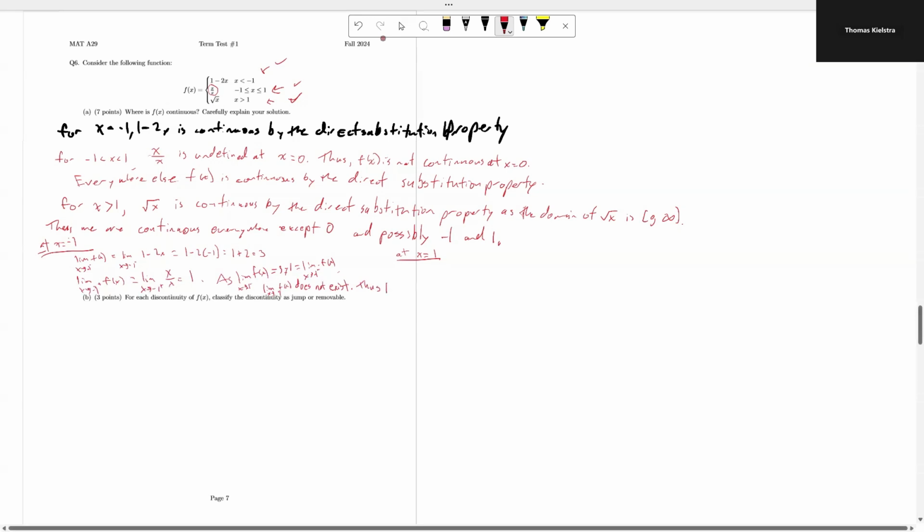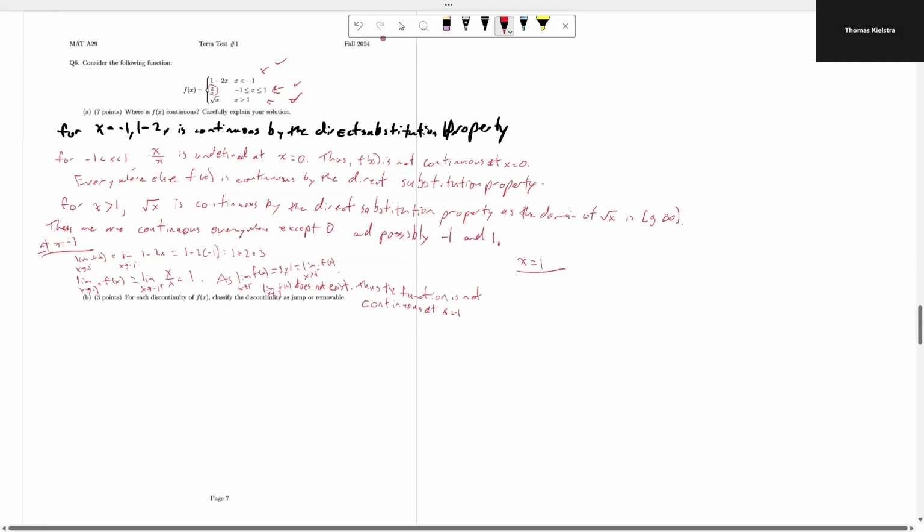Thus, the function is not continuous at x equals minus 1. Now we check x equals 1.